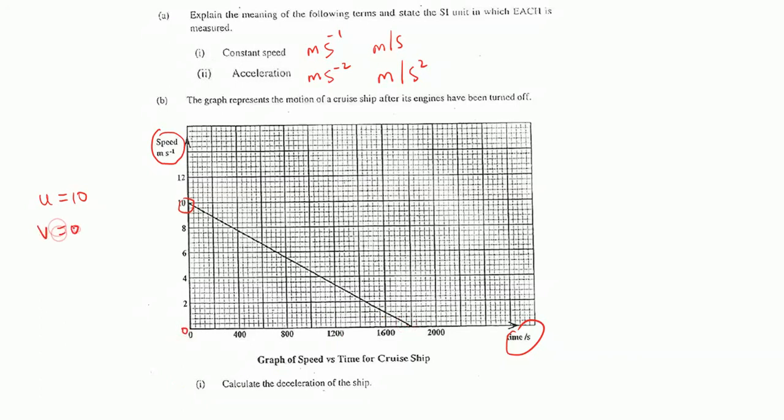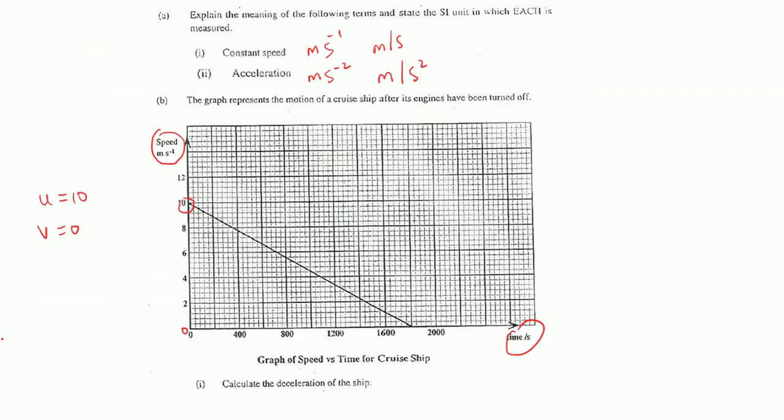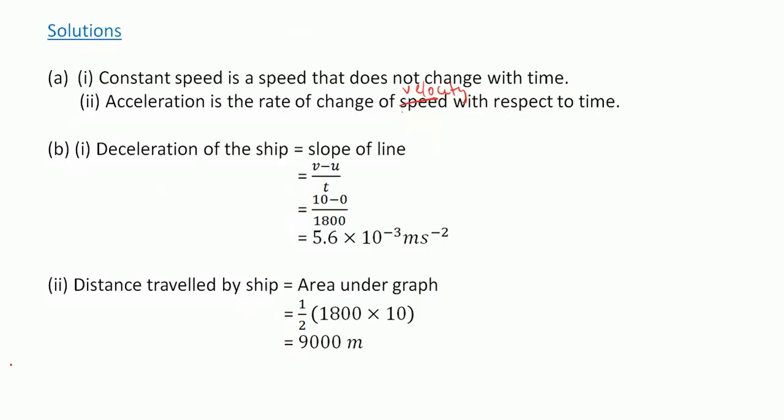So v is 0, and the time taken to do that is 1800 seconds. Right, so t is equal to 1800. So if we work out the deceleration, it will be 10 minus 0 over 1800.